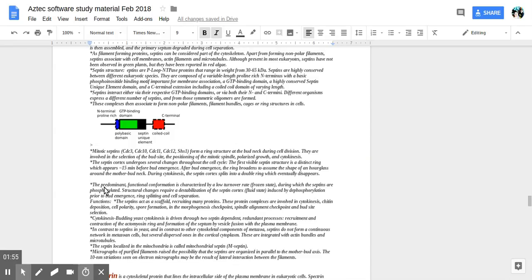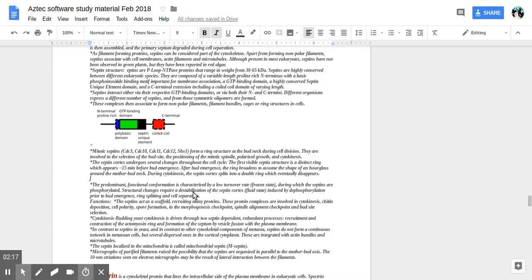The predominant functional conformation is characterized by a low turnover rate, frozen state during which the septins are phosphorylated.